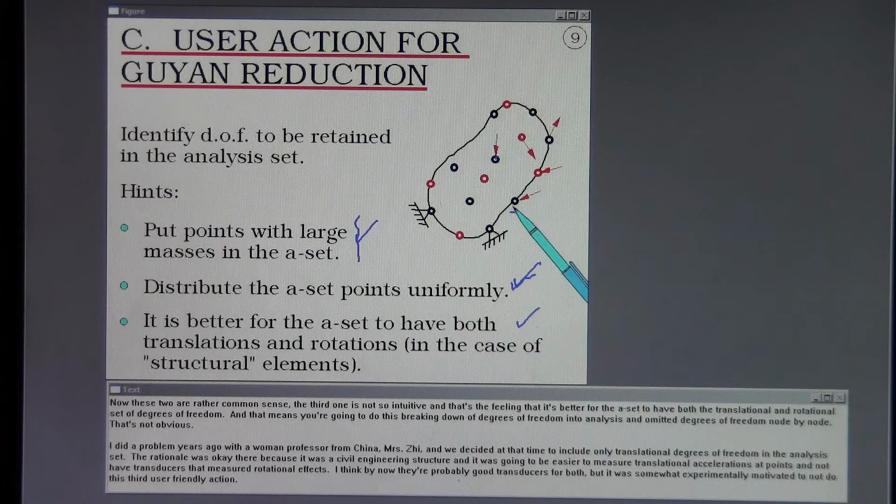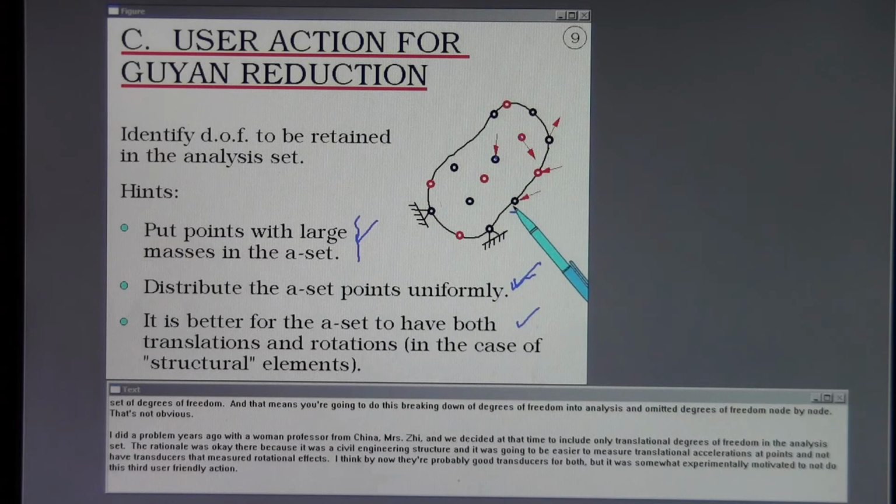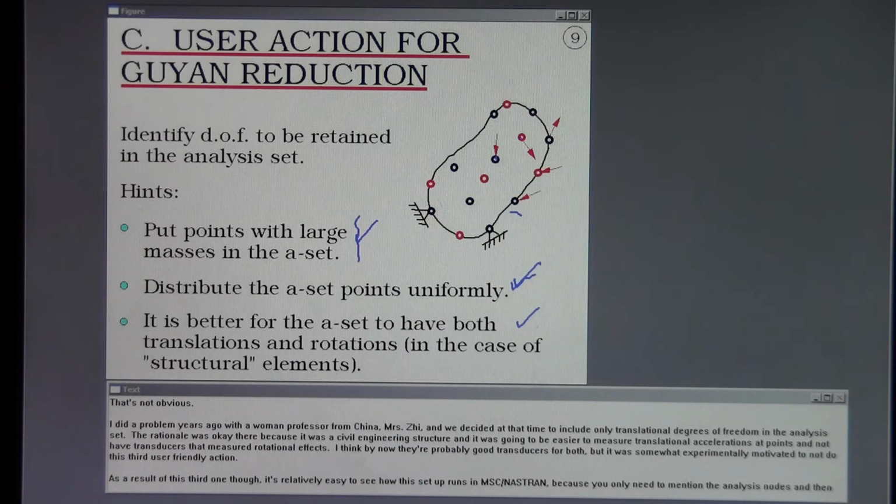I did a problem years ago with a woman professor from China, Mrs. Zhu, and we decided at that time to include only translational degrees of freedom in the analysis set. The rationale was okay there because it was a civil engineering structure and it was going to be easier to measure translational accelerations at points and not have transducers that measured rotational effects.